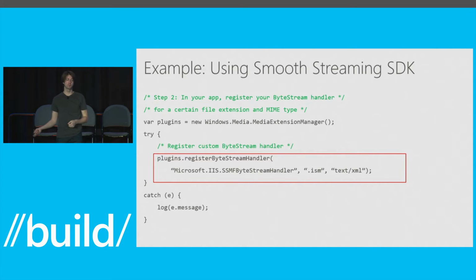And then you register your byte stream handler, which is the activatable class that you specified inside of your app manifest, as well as the particular file extension and MIME type that you want to associate it with. You could also call register scheme handler in order to register your custom scheme that your byte stream exposes.